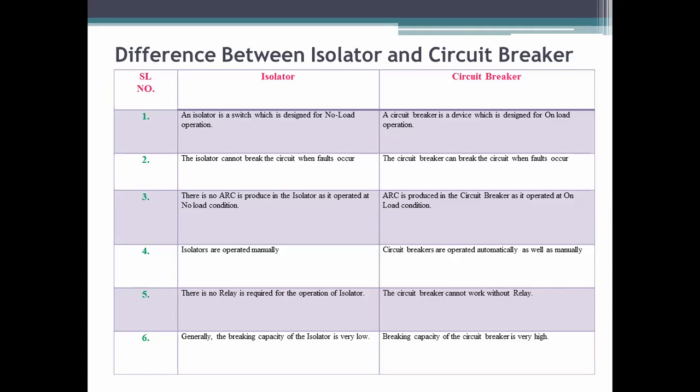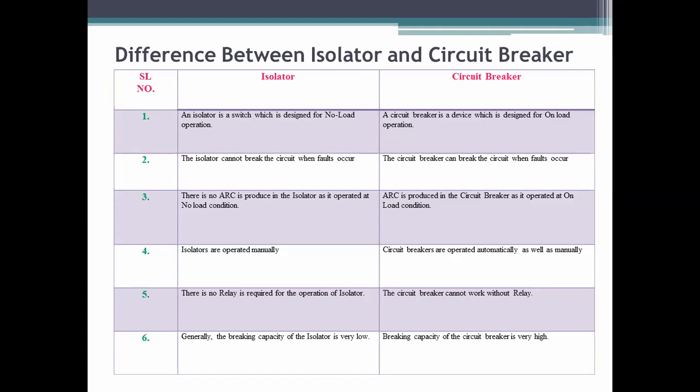Then the fifth difference between isolator and circuit breaker is that no relay is required for the operation of the isolator. Means no device will be required for the operation of the isolator.